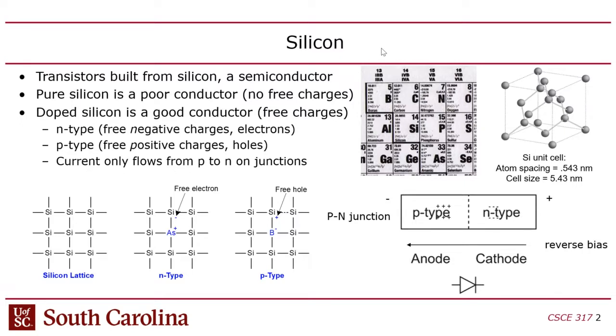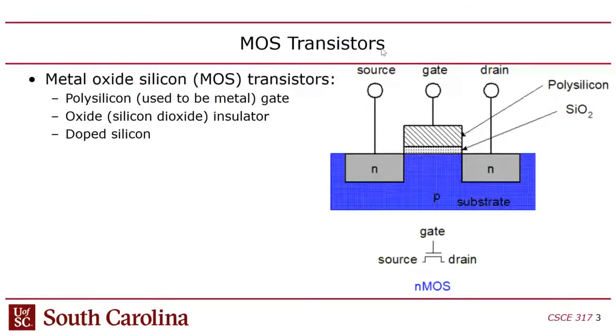Because they move apart, the charge carriers won't send current between the two. So that's a reverse bias, and that's a diode.